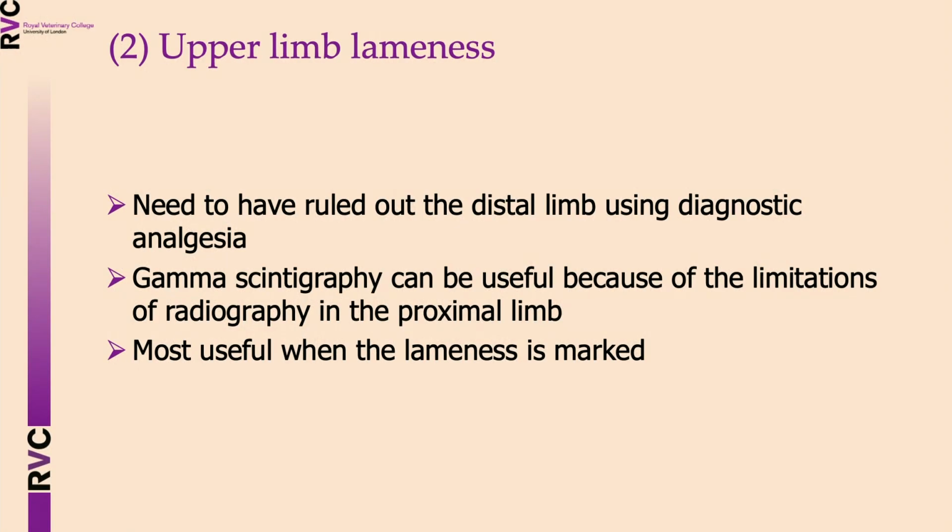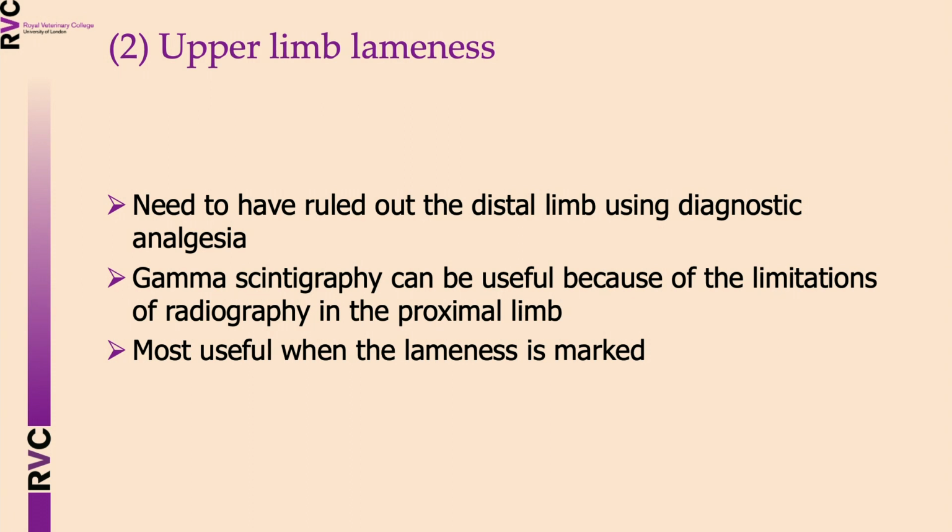Moving on, the second important use of scintigraphy is to investigate upper limb lameness. It's important to have ruled out distal limb lameness first, unless the horse is very lame and we're worried about fracture.